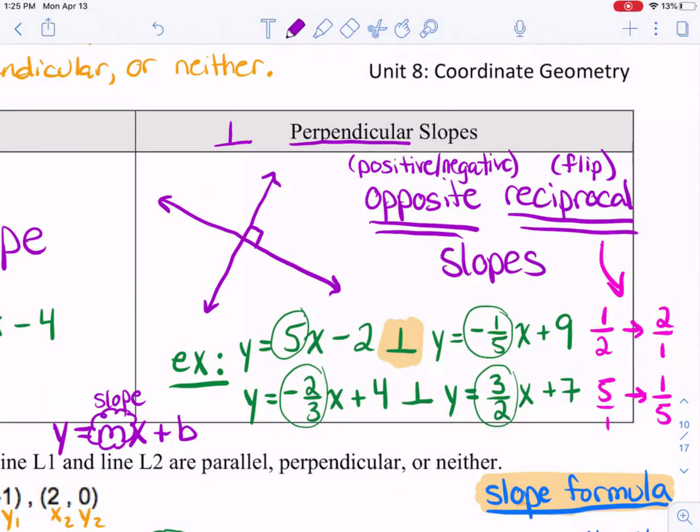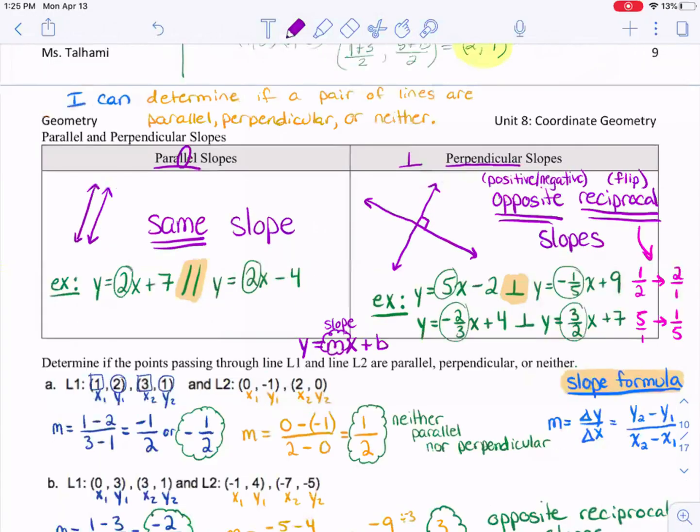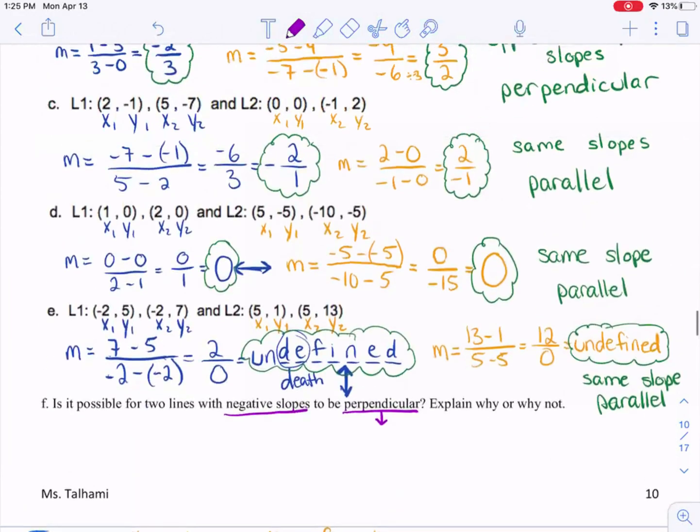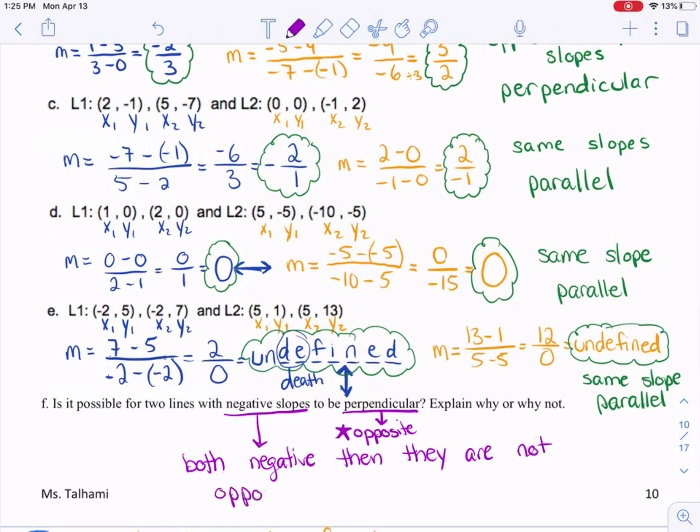So if they're both negative, are they both opposite? I think not. Yeah, opposite is your key word there, Miss Murphy. If they're both negative, then they are not opposite signs, and therefore, they are not perpendicular.